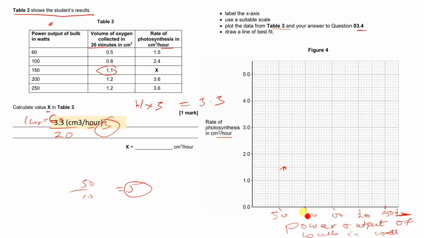At 100, it is 2.4. At 150, it is 3.3 in our answer. At 200, it's 3.6. At 250, it is 3.6 also.